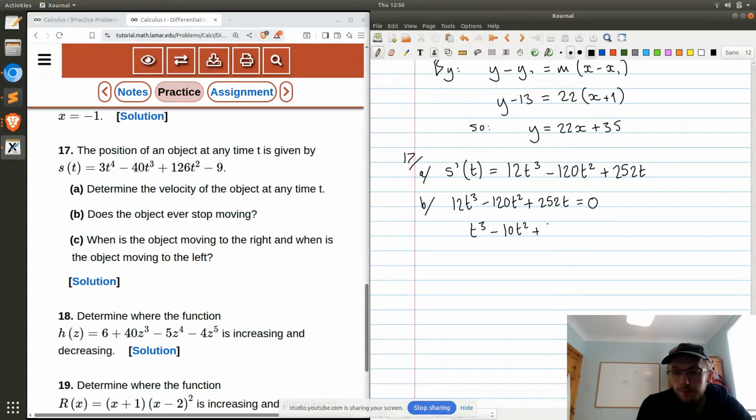Then notice that this is actually factorable. So we have t minus 3 and t minus 7, just there like that. So t equals 0, 3, and 7, the object is not moving.